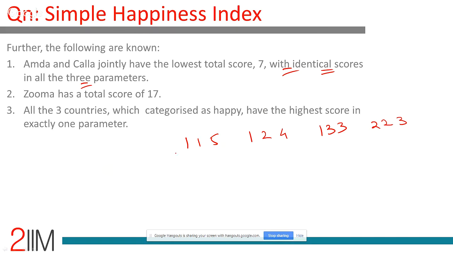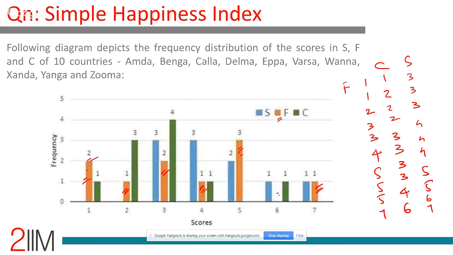And so they've got identical scores: 115 115, 124 124, 133 133, 223 223. This should be the scores for Amda and Kala in some order. Let's look at these and see which of them is possible. I'm going to write these down again here. So I have 115 115.